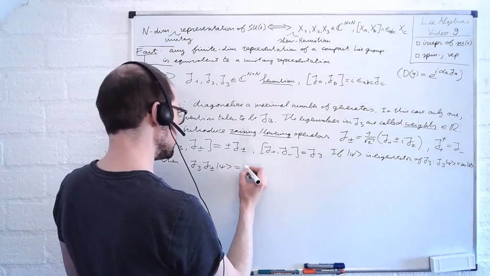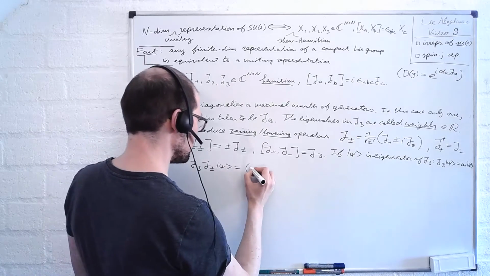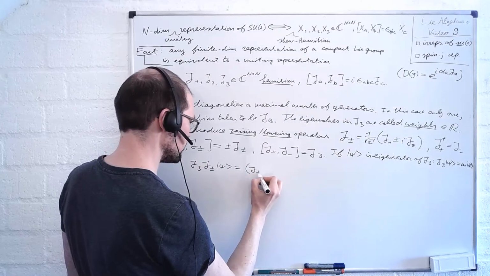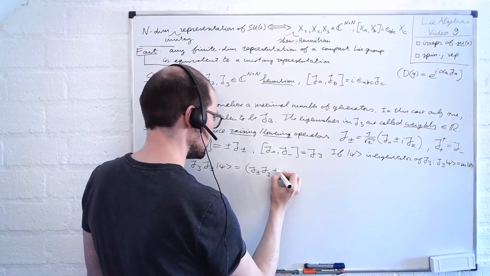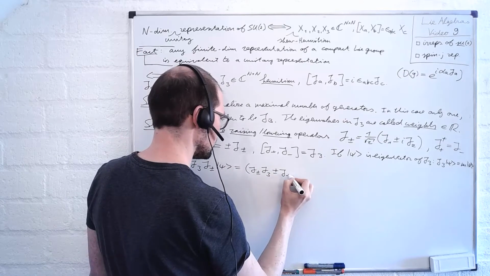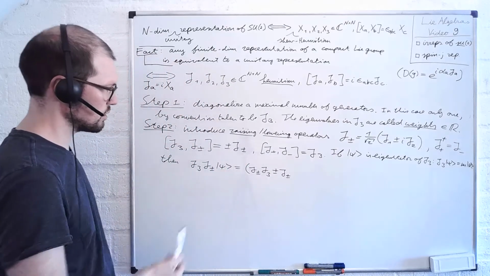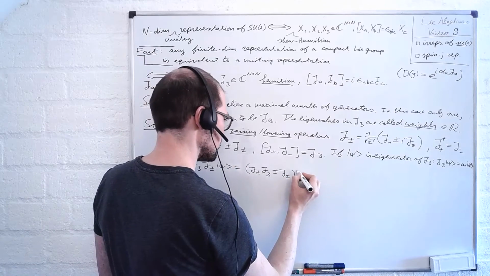So this is saying that I get the commutator, sorry, the reverse order, J plus minus J3, and then the result of the commutator, which is the right hand side here, acting on psi.